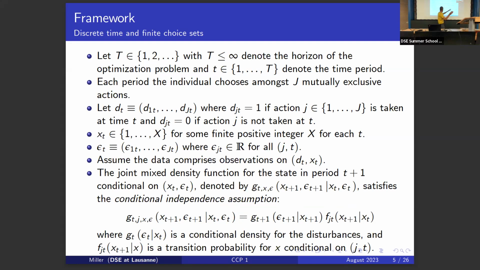The state variables, the x's, they are the things that determine the state of the world at any given time. It has a transition function that looks like this, from period to period. The epsilons are taste shocks. They affect current utility. They are IID, well, not quite IID, but set up like this. They do not depend on the past. They only depend on the current value of the x. Okay?